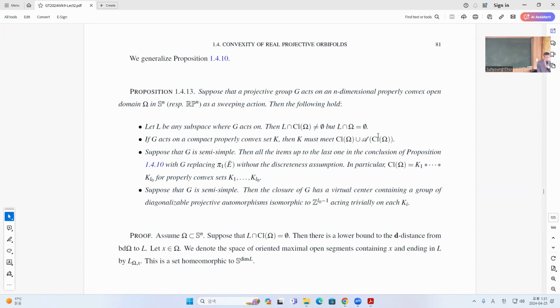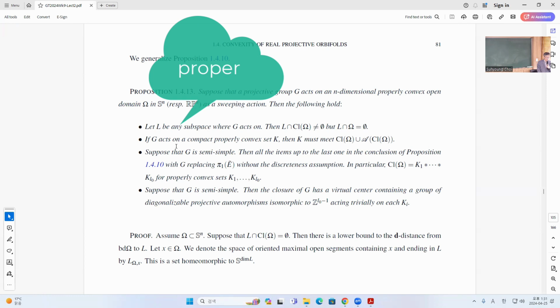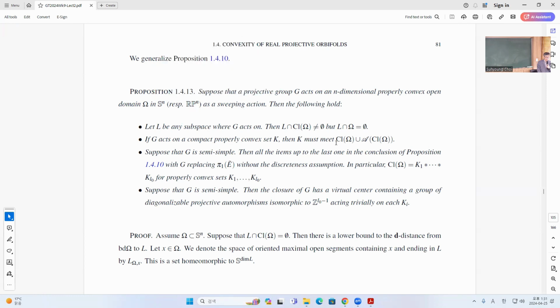This has to be a proper subspace, of lower dimension. For a compact properly convex set K with Gx equal to 1, K must meet this domain. And if G is semi-simple, then all the items up to the last conclusion proposition will hold.